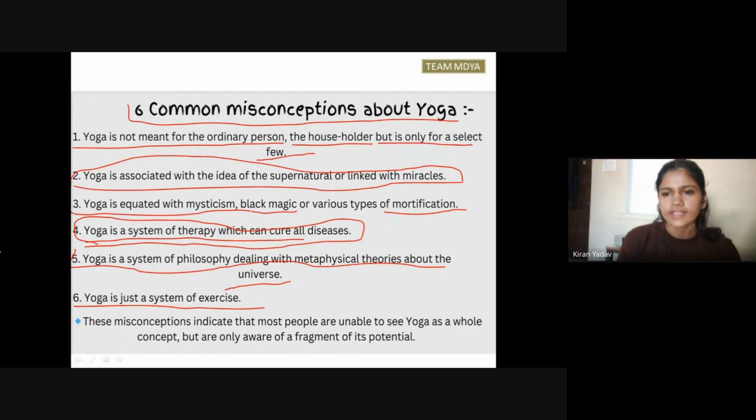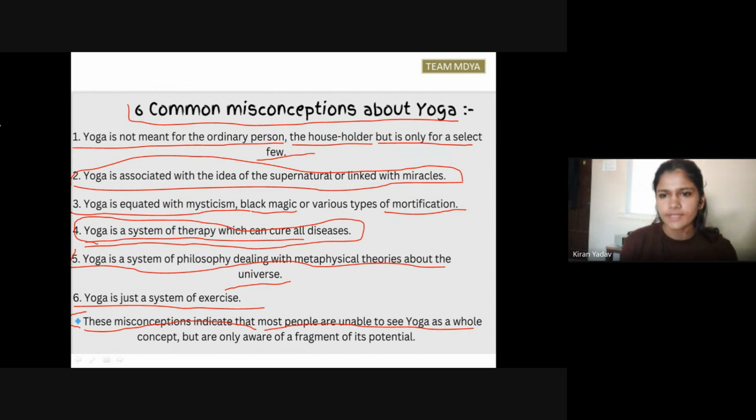These misconceptions have developed over time due to misinterpretation of the textbooks, or due to wrong advertising by the West, or just by misinterpretation by the people. These misconceptions indicate that most people are unable to see yoga as a whole concept, but are only aware of a fragment of its potential.